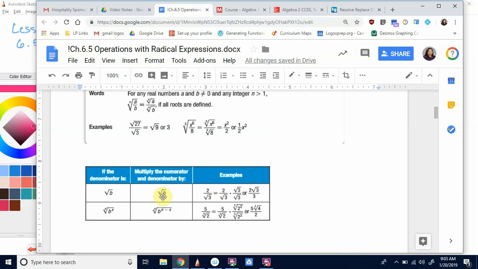But remember, it's a fraction. What you do to the numerator, you must do to the denominator. It's really important that you realize it's still a fraction rule. Now, if you have anything other than 2, then to rationalize it, the easiest way is to take the index minus the power of the exponent.